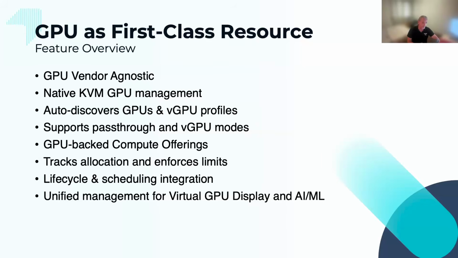It supports both pass-through and vGPU modes, exposes resources in compute offerings, and tracks allocation, how many GPUs are available, and which one is used by which virtual machine, etc. And you can limit it per account and domain as well. All of this is integrated into life cycle and scheduling, providing a unified way to manage GPU for different workloads.